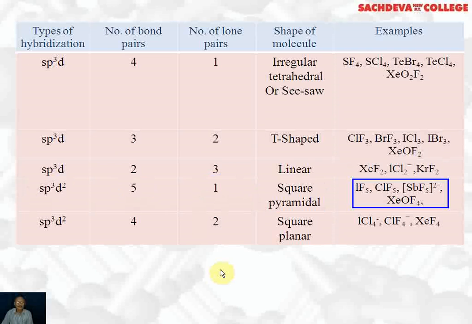IF5, ClF5, SbF5 2 minus, XeOF4. Sp3d2 hybridization, number of bonded pairs are 4, lone pairs are 2, the shape is square planar. ICl4 minus, ClF4 minus, XeF4, these are square planar shape with sp3d2 hybridization having 4 bonded pairs and 2 lone pairs of electrons.